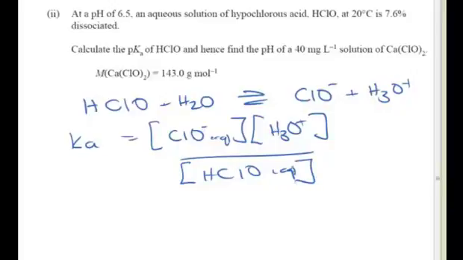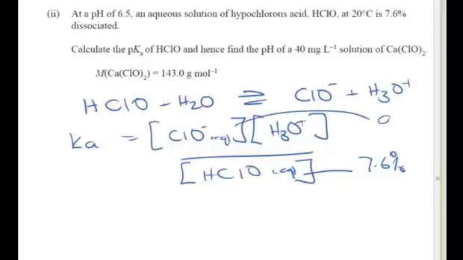And we're given some interesting information here. We said it's 7.6% dissociated, so we can just treat that as a ratio. So that's 7.6%, and obviously 100% we started with, 100 minus 7.6 is going to be 92.4, so I don't know why I put 7.66 there, so just change that.